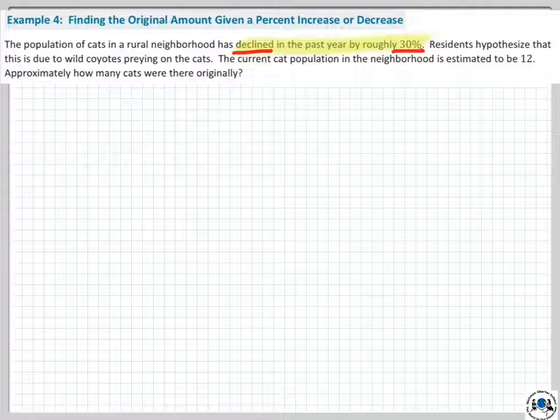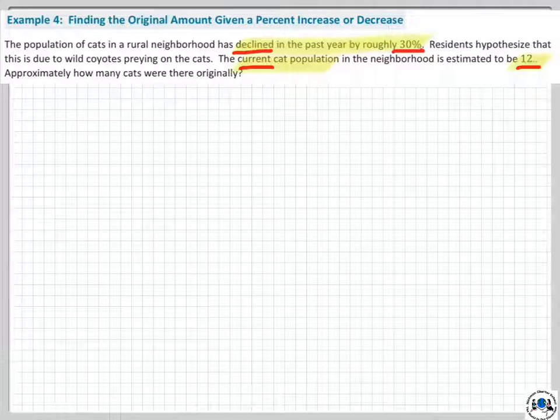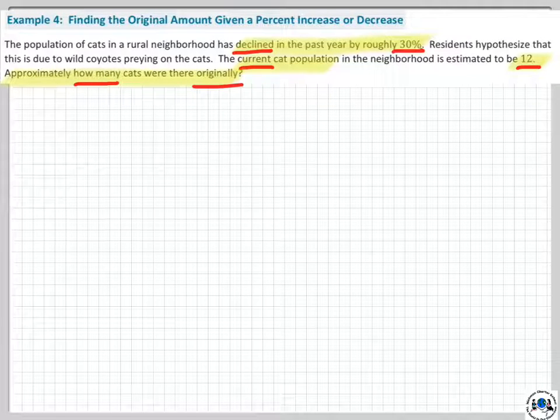Now the residents hypothesize that this is due to wild coyotes preying on the cats. The current cat population in the neighborhood is estimated to be 12. Approximately how many cats were there originally?